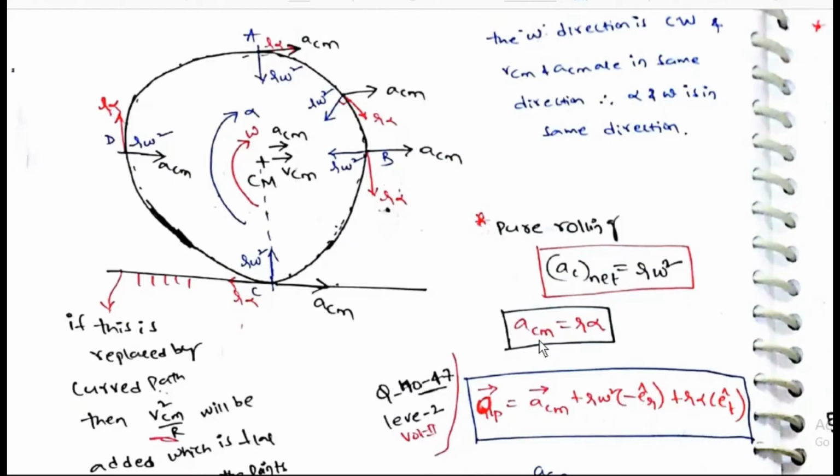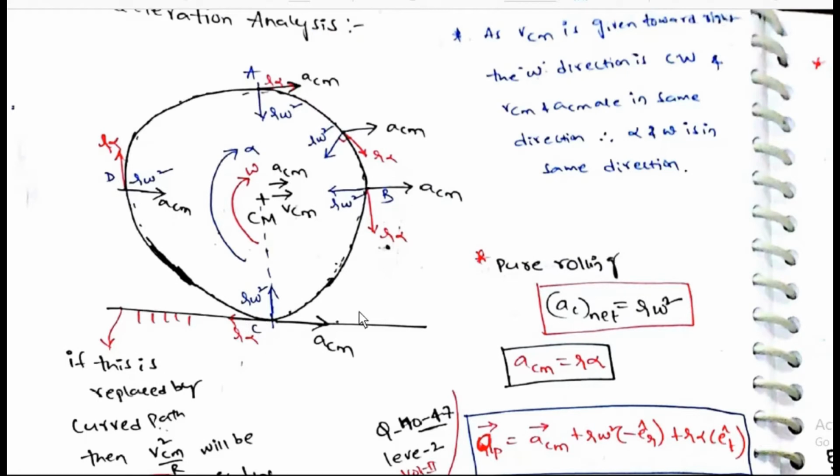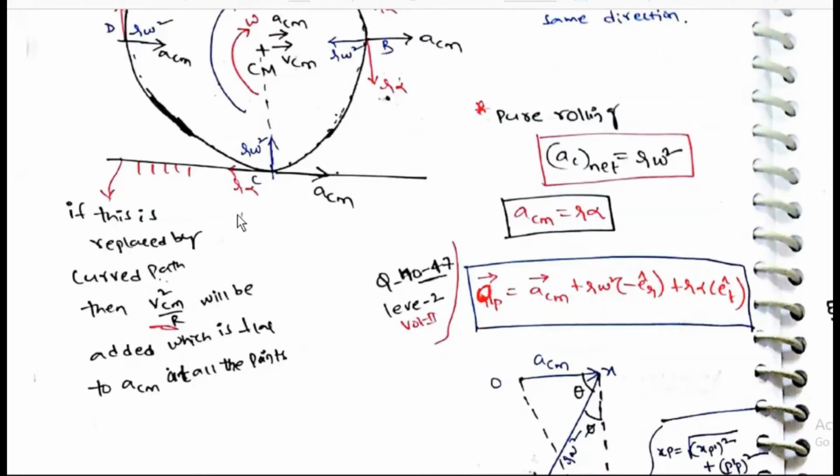ACM is equal to R alpha for pure rolling. If this is replaced by a curve, then VCM squared by R will be added, which is perpendicular to ACM at all points. As here it is a linear plane, we don't have to bother about this.